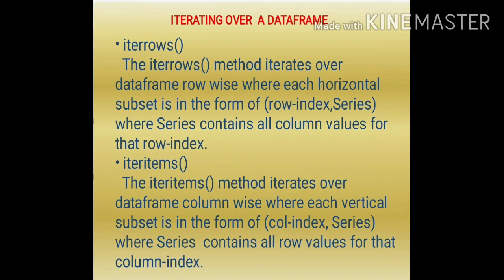So these two different functions we will use if we want to display the output in the form of rows or in the form of columns in the data frame. One more thing you have to take care of: when we talk about iterrows, whatever index we provide, data of the full row will be displayed, and for iteritems, whatever column we provide, data of the full column will be displayed as the output.